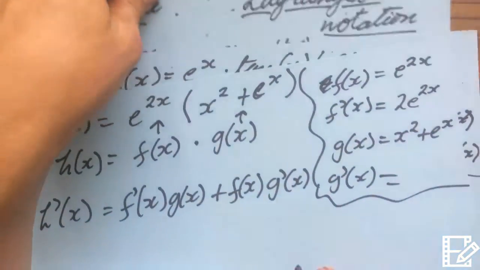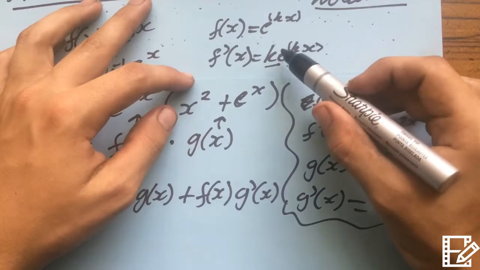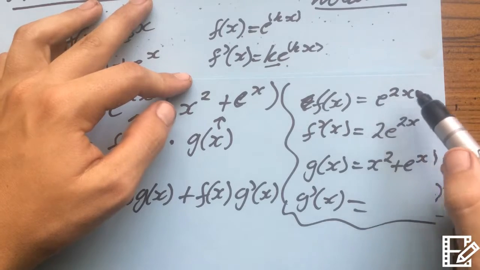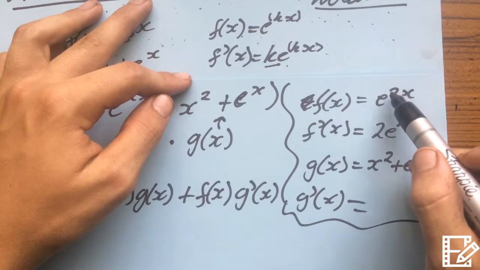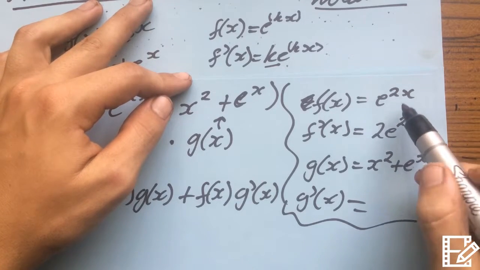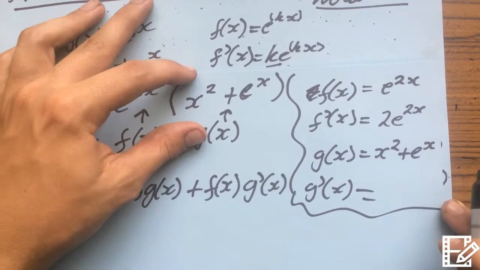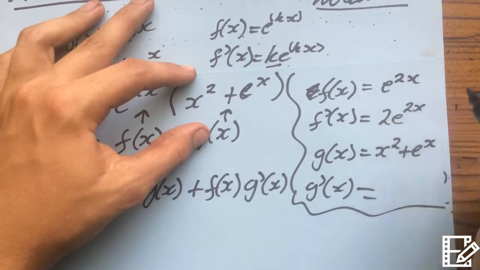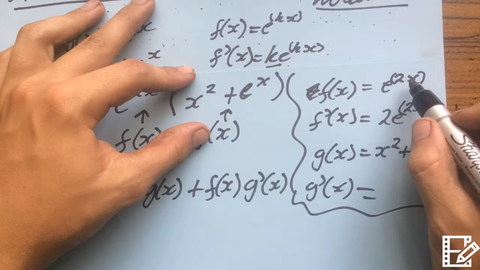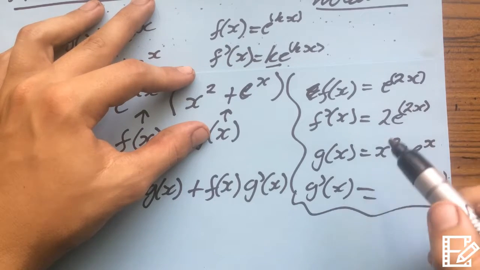Because like I said before, essentially you just bring down the number, but the theory behind it is that you derive whatever's to the power. In this case it's 2x. You would derive that and then multiply it back onto the e to the power of 2x. As such, we have e to the power of 2x, the derivative of 2x is just 2. So, we have e to the power of 2x multiplied by 2.